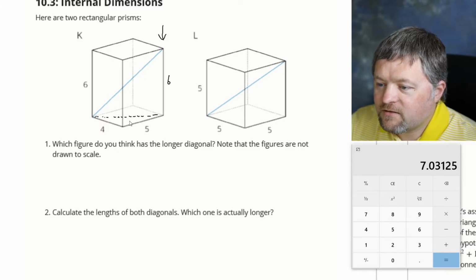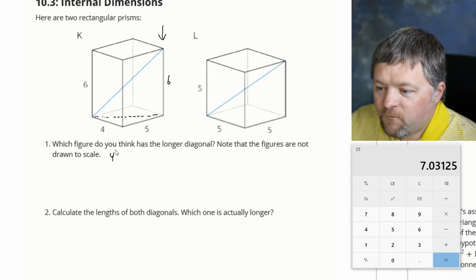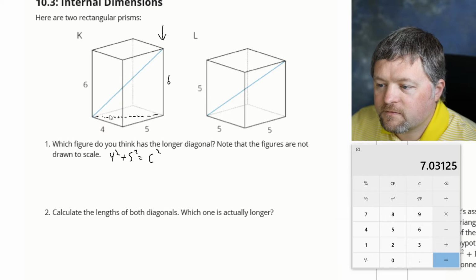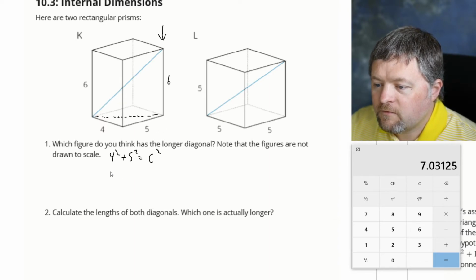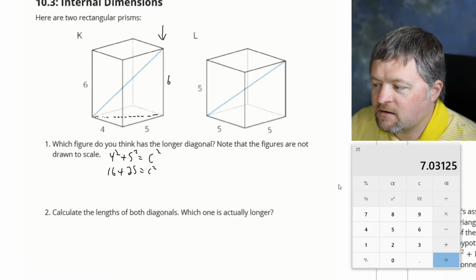How do we find out that length? Well, a squared plus b squared has to equal c squared. So 4 squared plus 5 squared has to equal c squared. 4 squared is 16. 5 squared is 25, has to equal c squared.